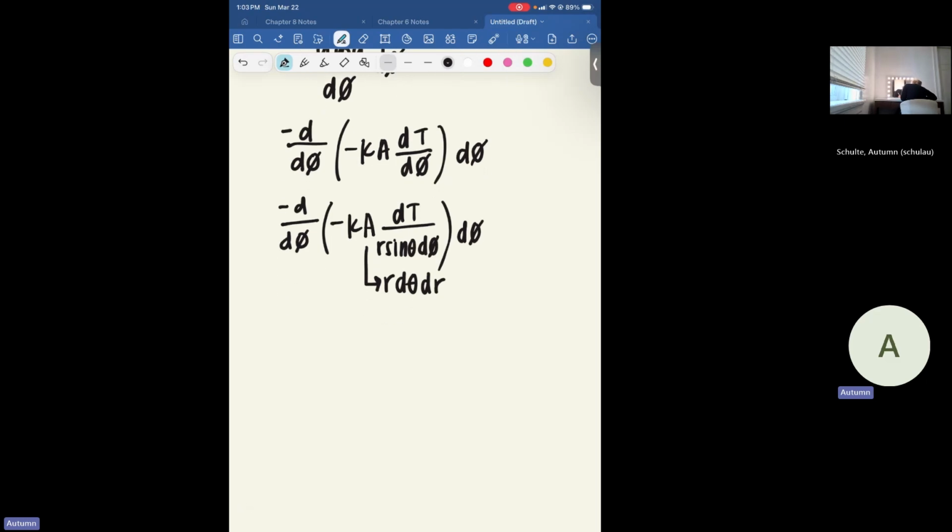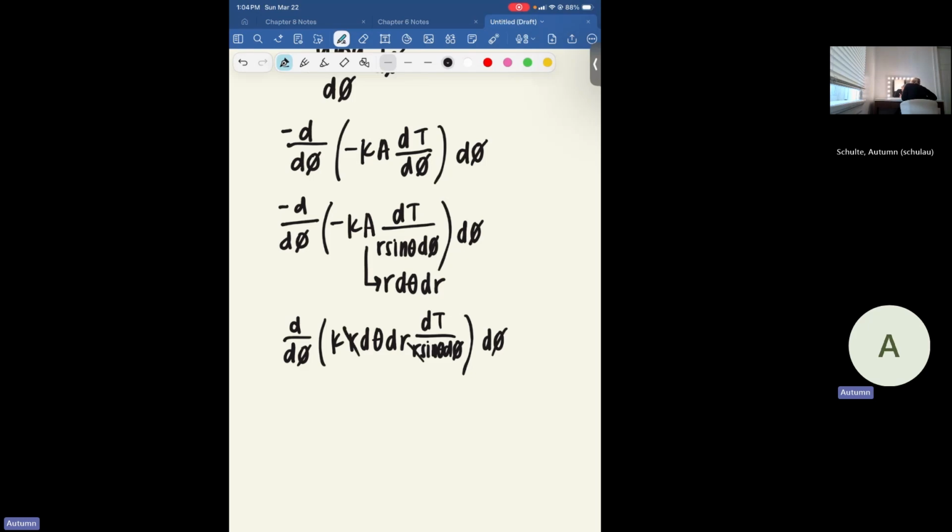So simplifying this, our negatives cancel. We're left with the derivative with respect to phi multiplied by k times r d theta dr, the derivative of the temperature with respect to phi multiplied by r sine theta times d phi. Our r terms are going to cancel.